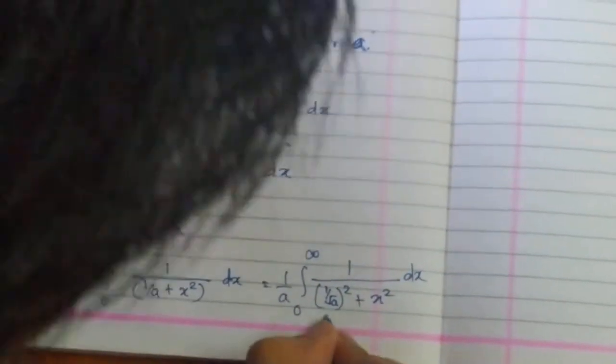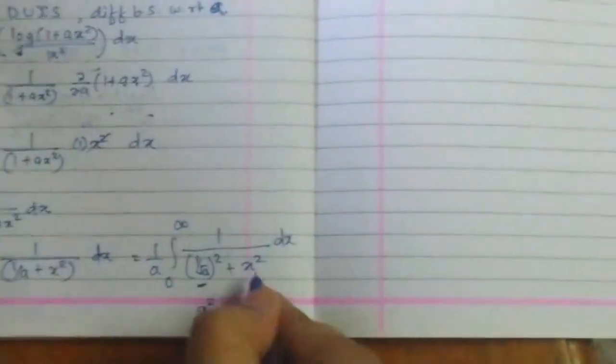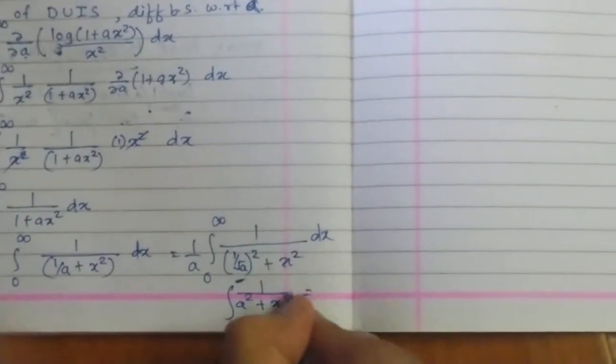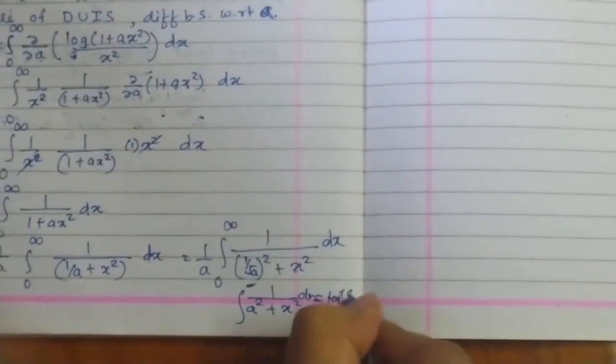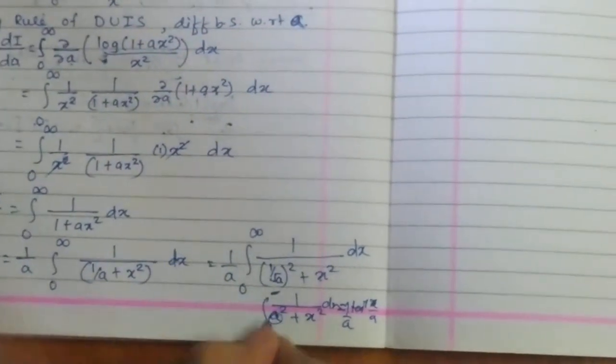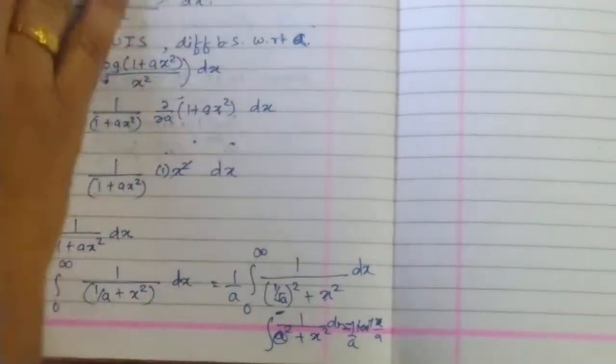Now this term is my a square plus x square. So 1 upon a square plus x square, its integration is tan inverse of x upon a, times 1 upon a. But in place of a, what is the term you have? 1 upon root a.